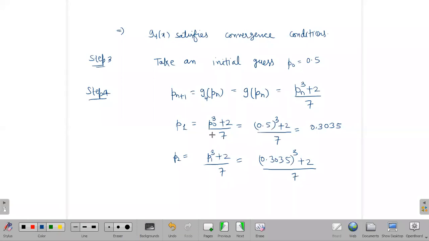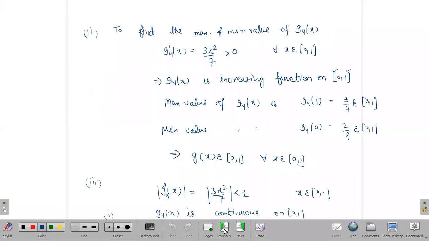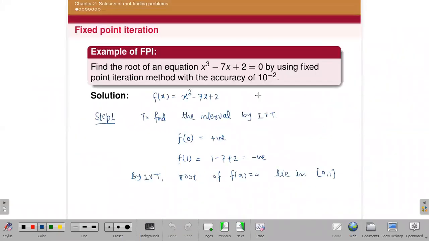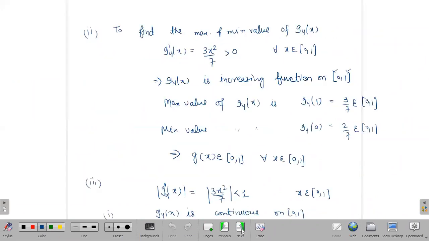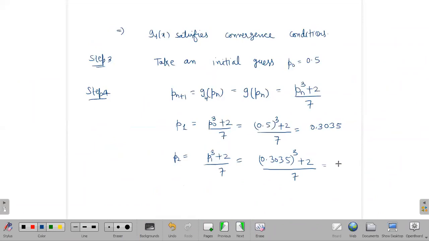Accuracy is given to you, which means you should know where to stop. The accuracy is given: you have to find the approximate root accurate to within 2 decimal places. It will be 0 point something, 0.2897. Let us find it again, p3.